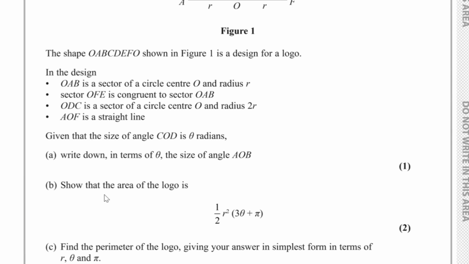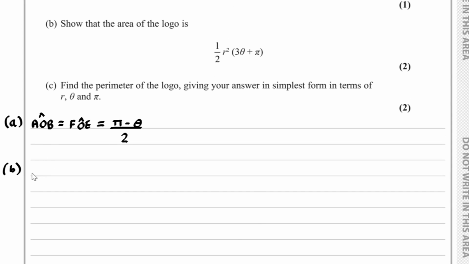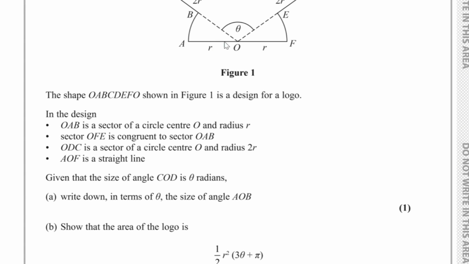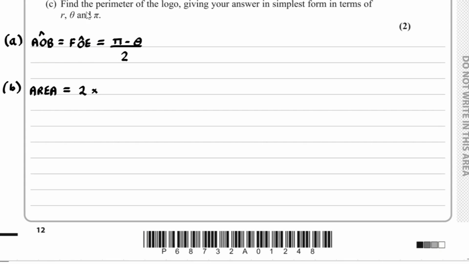Now for part B, we have to show that the area of the logo is 1/2 r squared lots of 3 theta plus pi. The area, that's equal to 2 multiplied by, well, the reason we've got 2 is because this sector is the same as this sector, and the area of this sector is equal to 1/2 r squared lots of the angle we've just worked out.